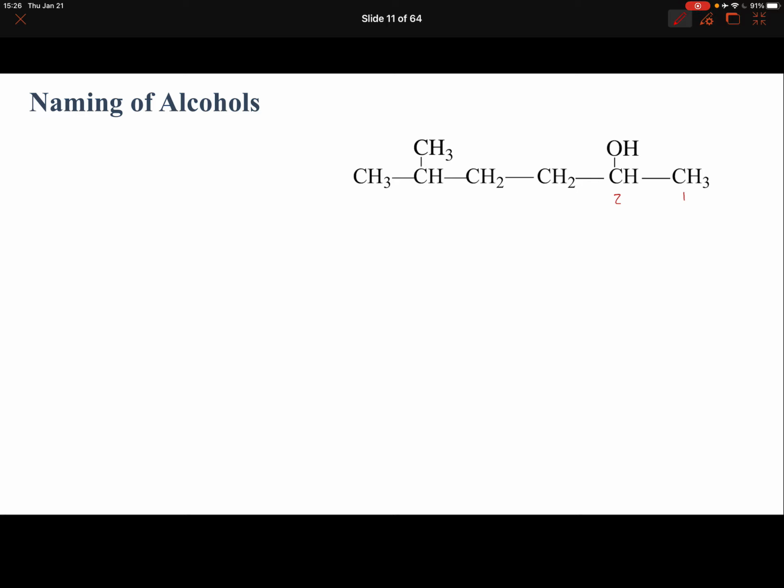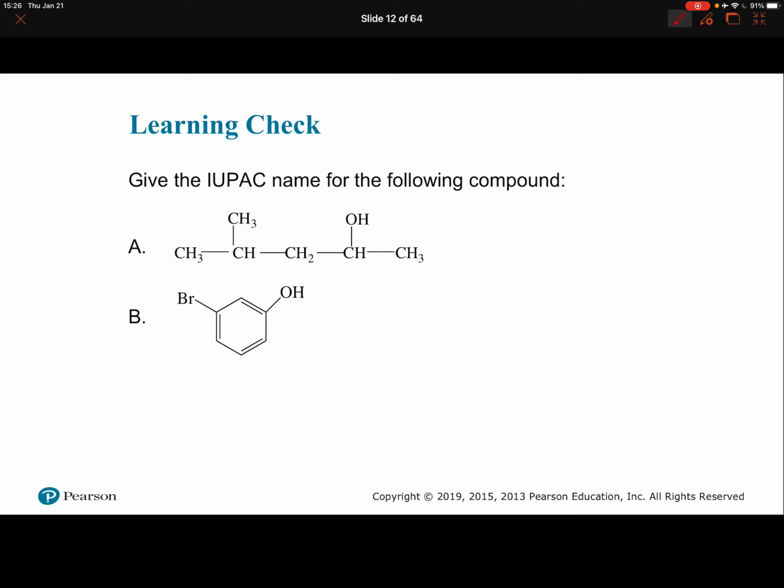So 1, 2, 3, 4, 5, 6. I numbered that way because this is an alcohol, so we want the OH group to be on the lowest number. This is 6 carbons long, so this is 2-hexanol, and it's got a methyl on the 5, so this is 5-methyl-2-hexanol.